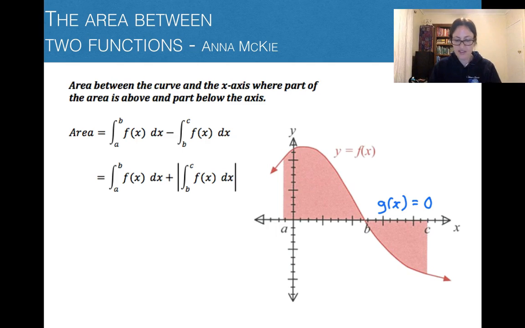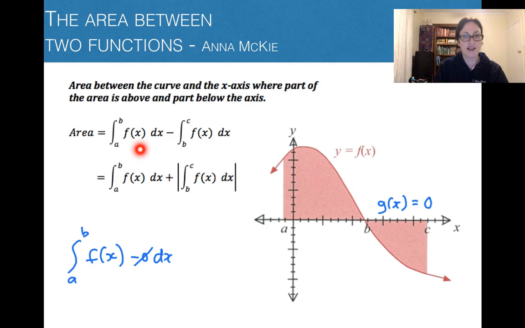So in that situation, if you just look at the first part, the function that's on top is f of x and the function at the bottom is g of x. So that matches with what we were talking about before, because you would have the integral between a and b of f of x take away the g of x function, which is 0, so that in that sense will disappear.